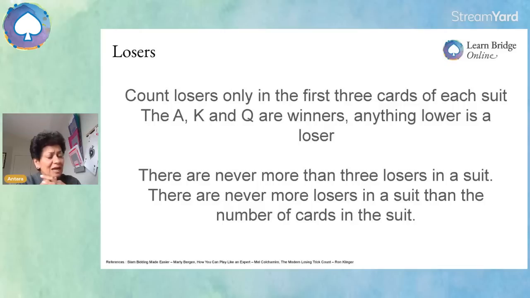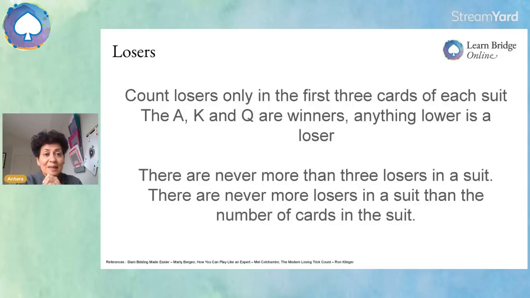Let's assume I've got a doubleton or I've got a singleton. I cannot have 3 losers if I've got a doubleton. The number of cards in a suit is the maximum number of losers I can possibly have. So if I have a singleton, and if it's a small card, it's a 5, I've got 1 loser in that particular suit. If I've got a singleton and it's an ace, I have no losers in that suit.